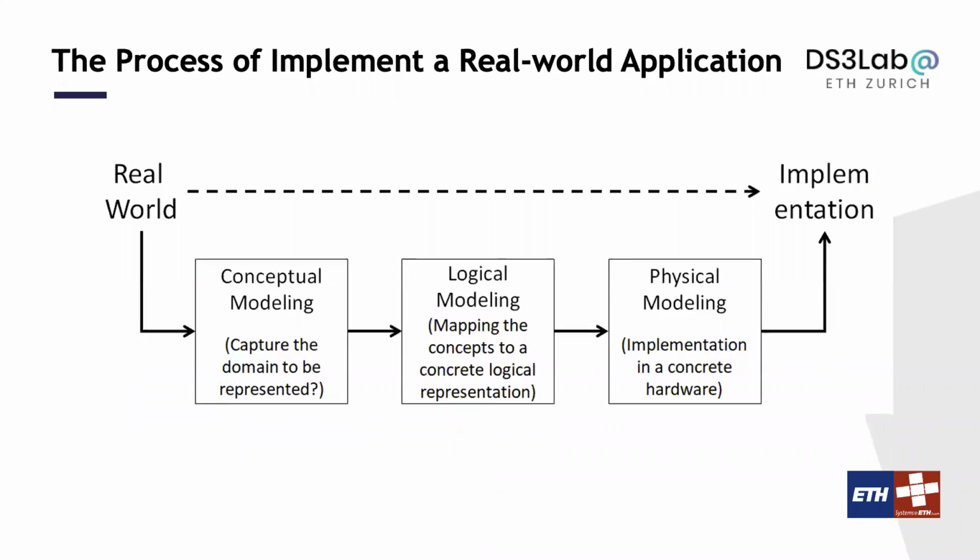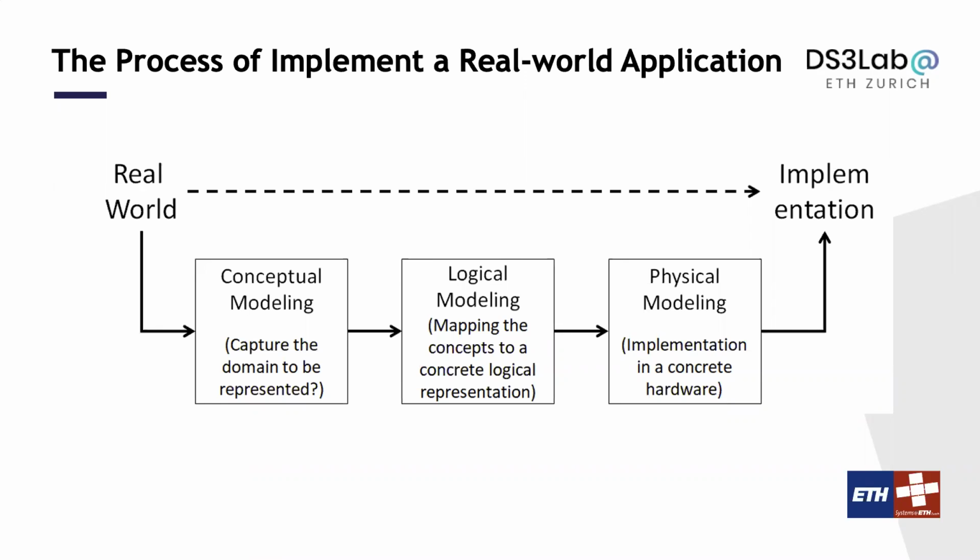Building a real world application in a database system naturally fits into three different stages. At the very beginning, the first step is called conceptual modeling. In that step, you as a user have a real world application in your mind, and you try to describe precisely all the concepts in that application.